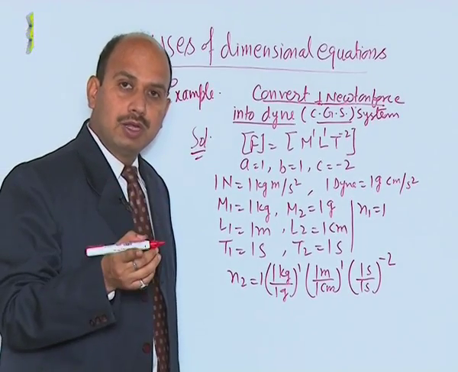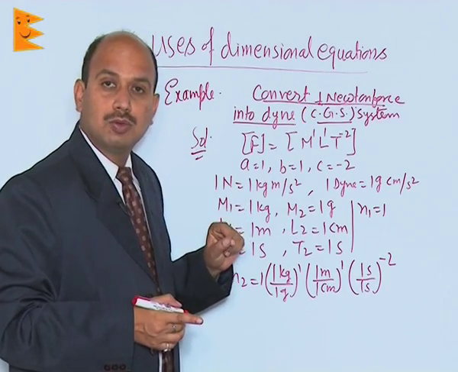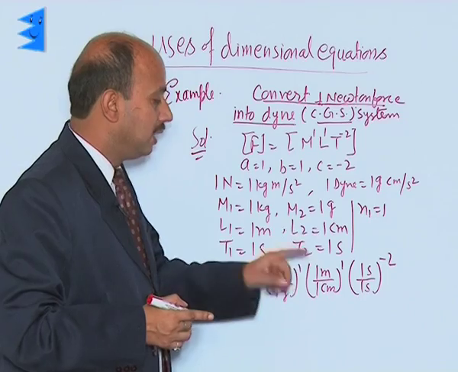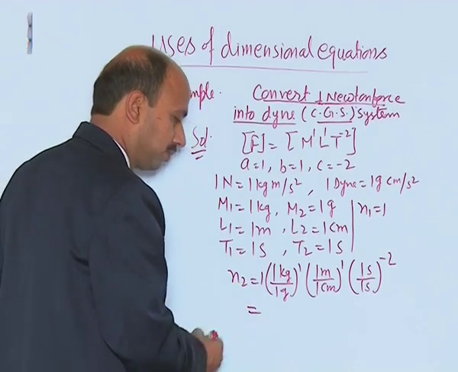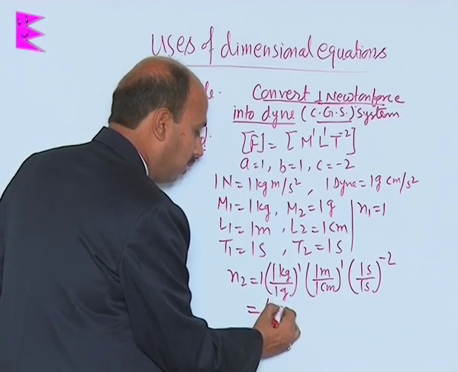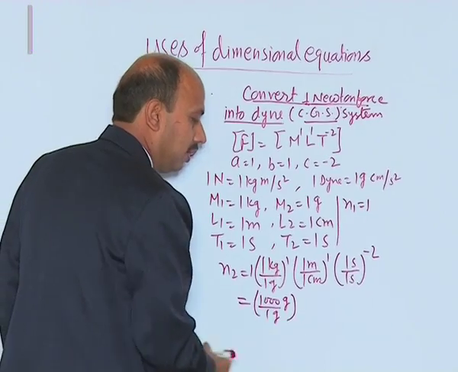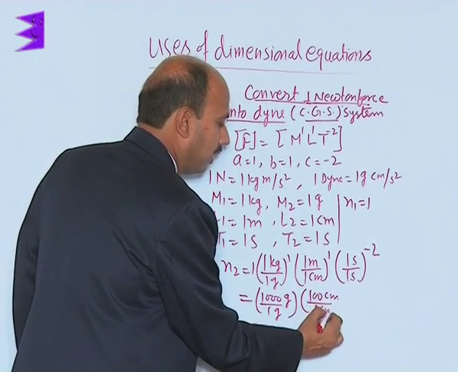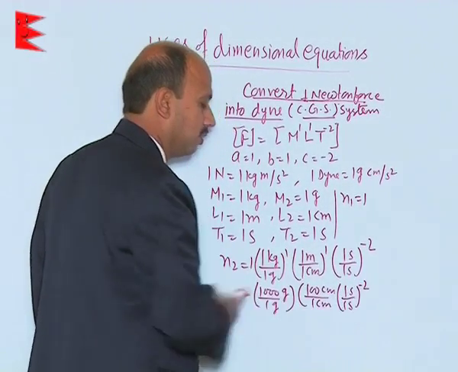Now, we have to convert the SI unit, that is the MKS unit, into the CGS. It means kg has to be converted into grams and meter has to be converted into centimeters. So, you write it here: 1000 gram divided by 1 gram, into 100 centimeter divided by 1 centimeter, and this is only 1 s upon 1 s raised to power minus 2.